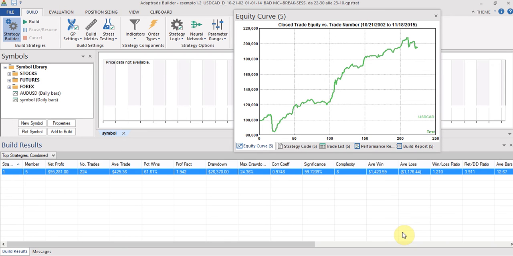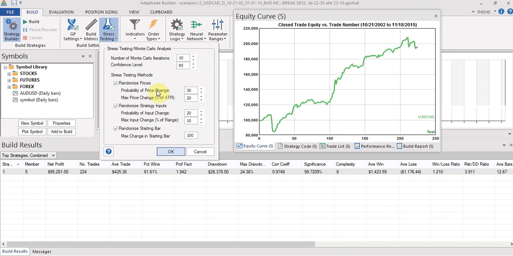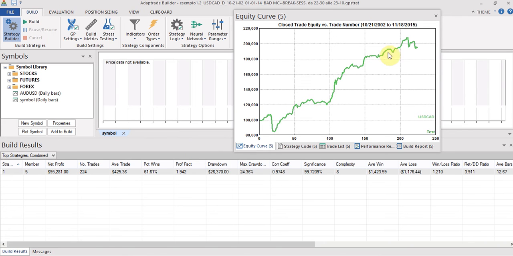I don't want to go into too much detail, but this is a simulation where you can change some characteristics, the price patterns, the strategy input, and see how your strategy reacts to this change.